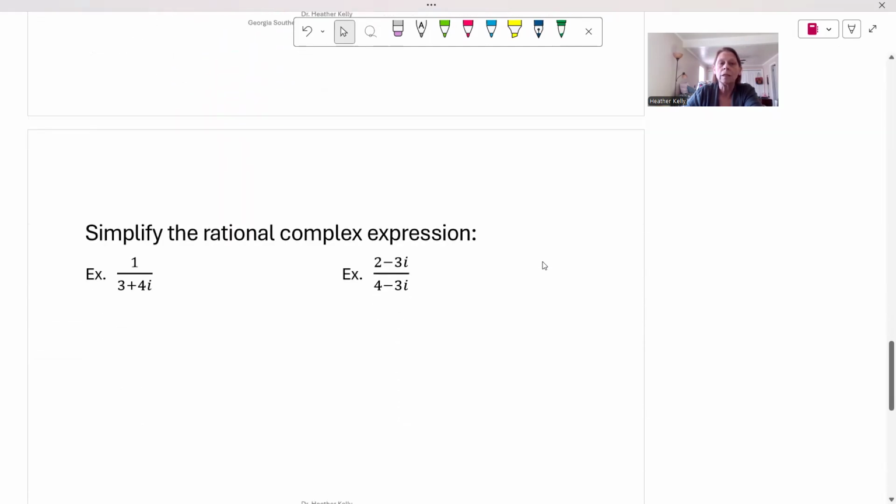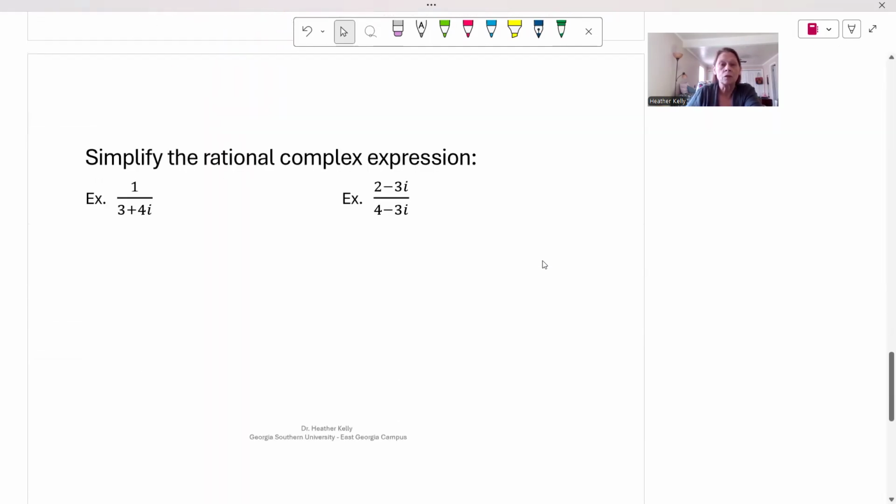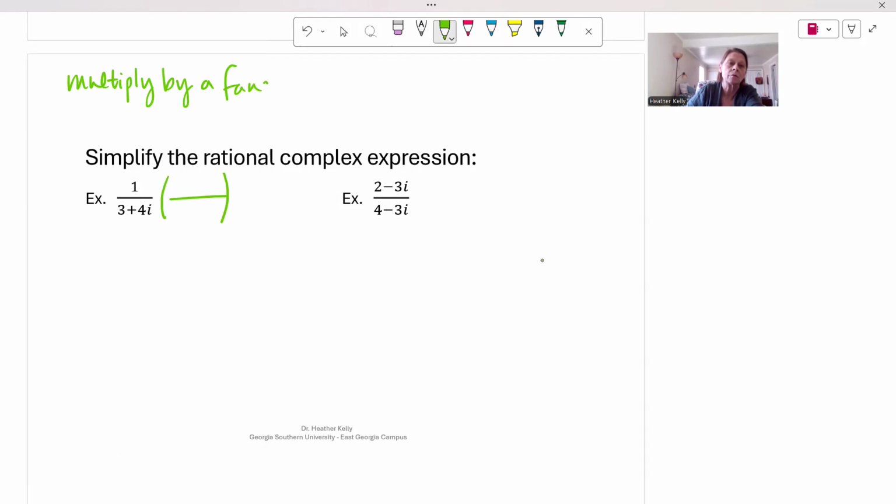Okay, so let's simplify a couple of these rational complex expressions. The first one is 1 over 3 plus 4i. And so the trick is to multiply by a fancy one, made of the conjugate over the conjugate.